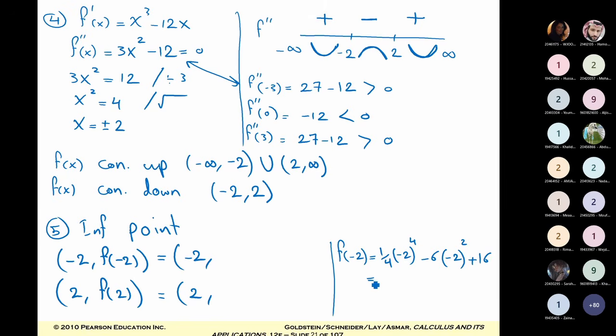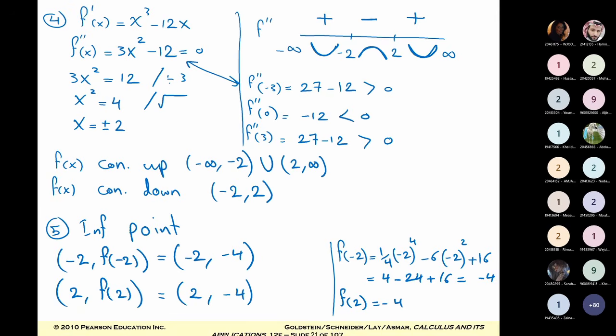So we have 16 over 4, 4, minus 24, plus 16. So this equals negative 4. And f of 2 also equals negative 4. This is the same because we have x to the power 4 and x squared. So positive, negative, the same. So these are the inflection points.